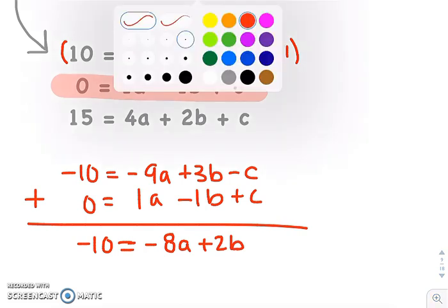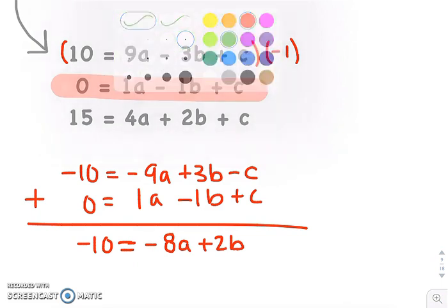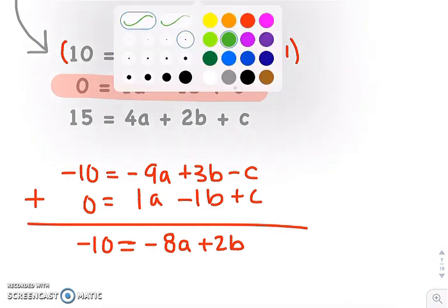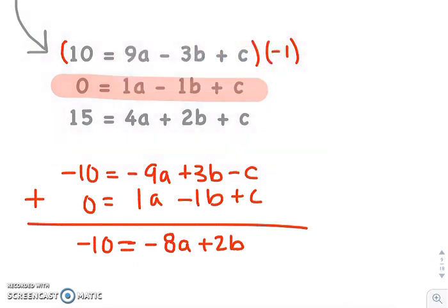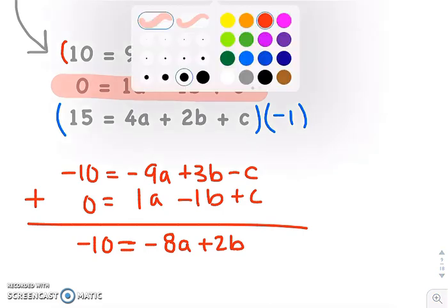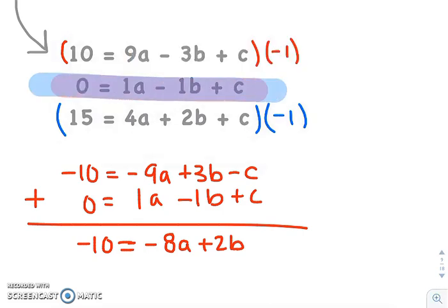Okay, go back up. And this time, let's just manipulate the one at the bottom. We'll multiply by -1 again, and we'll just use that same middle equation.